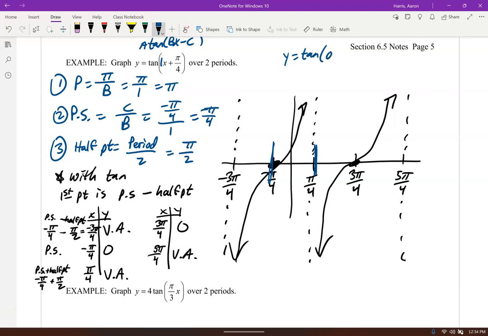Why is that? Because I know the tangent of pi fourths is sine of pi fourths over the cosine of pi fourths. So it gives me the point 0, 1. Right, it gives me a nice point. So I know that thing is increasing. And I've shown a couple periods here, right? Here's a period that had a distance of pi. This had a distance of pi. It was the same curve there.